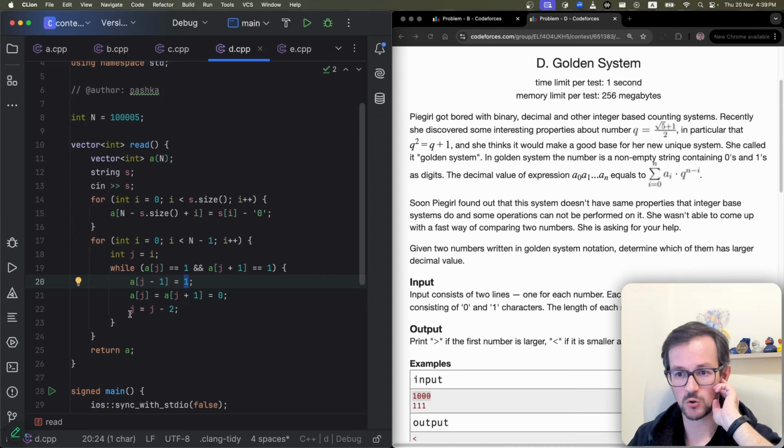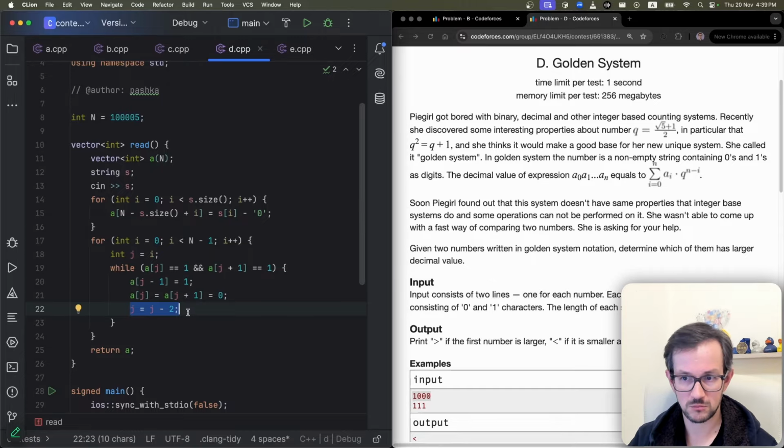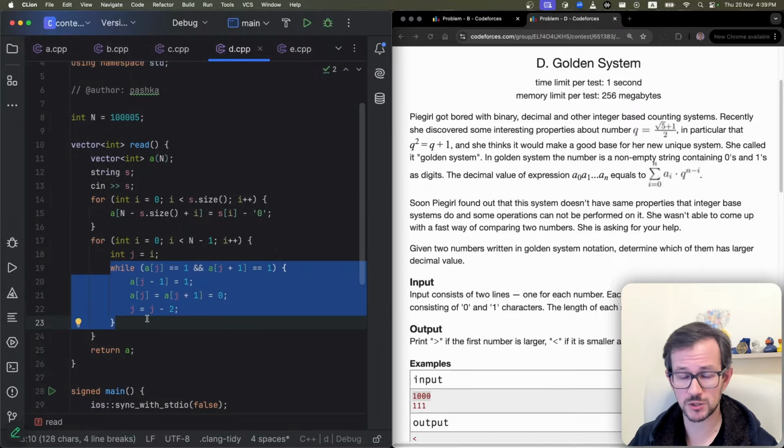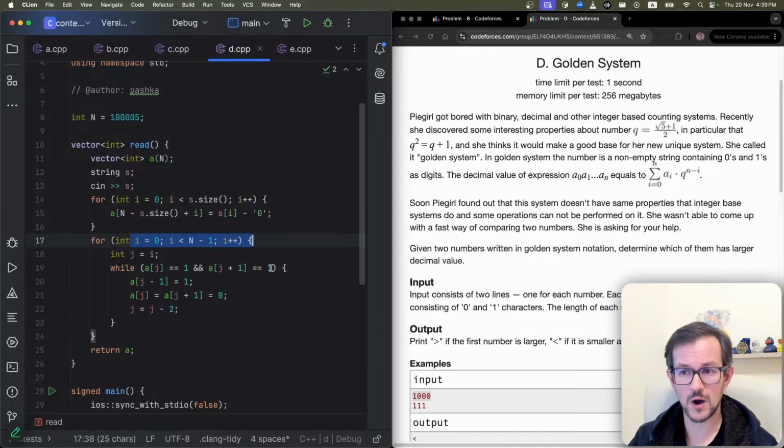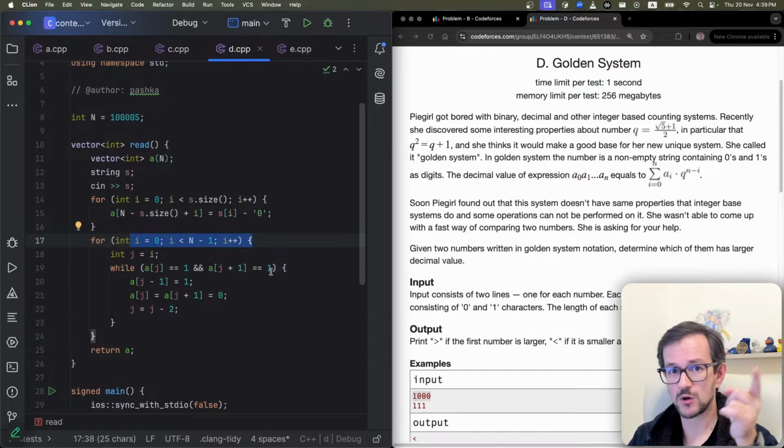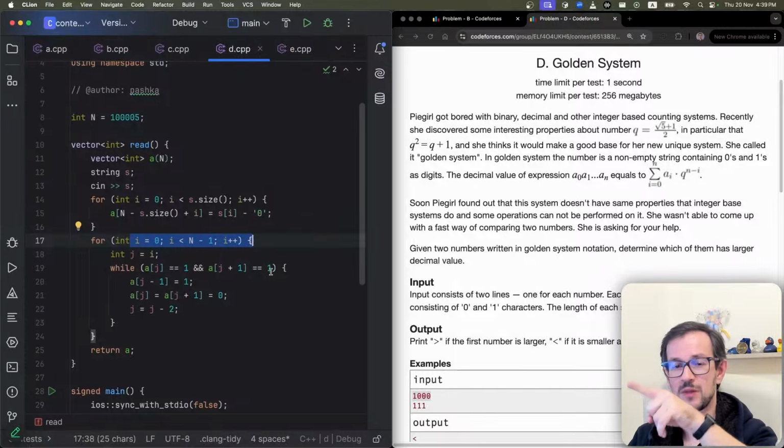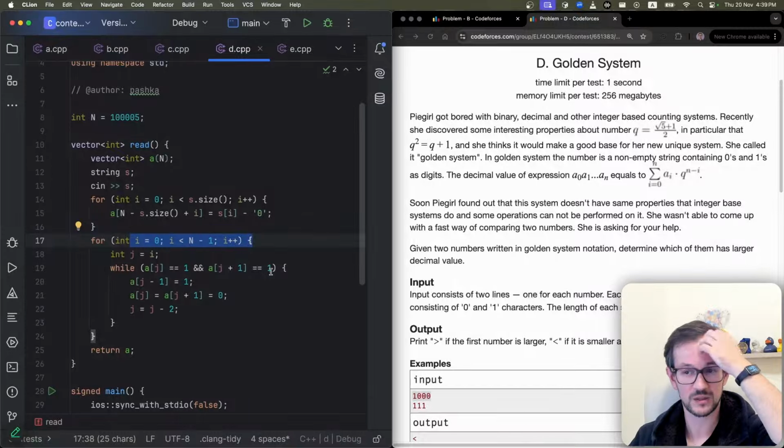So I go to position j minus 1 and try to continue. I make this series of operations, and then move to the next position. So I go left to right, but when I apply the operation, I sequentially apply it left, left, left until it's done, and then continue moving to the right.